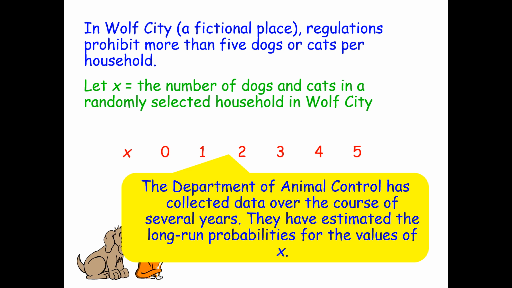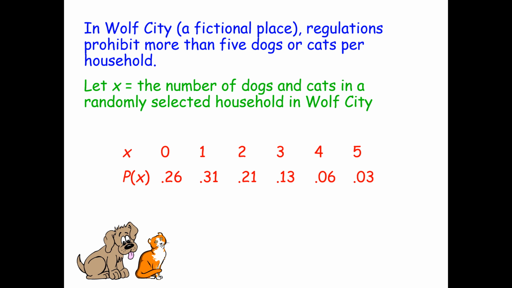Now, the Department of Animal Control has collected data over the course of several years, and they have estimated the long-run probabilities for the values of x. They've determined that the probability of 0 is 0.26, the probability of 1 is 0.31, the probability of 2 is 0.21, the probability of 3 is 0.13, the probability of 4 is 0.06, and the probability of 5 is 0.03.